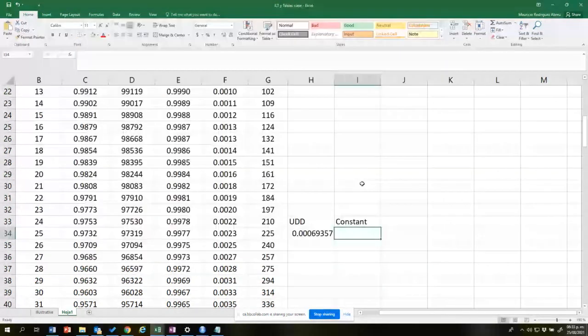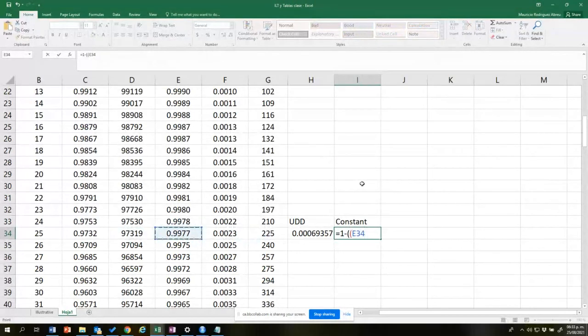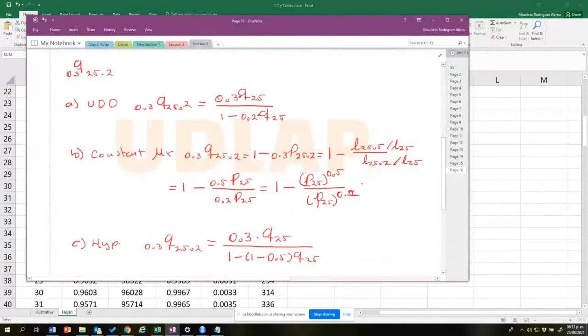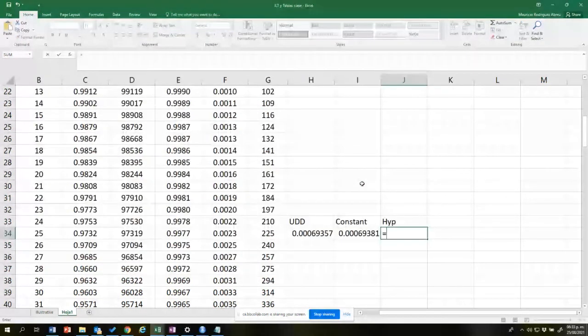Okay. This 0.5 is 0.2. There you go. And the hyperbolic, this should be pretty close to the first one.